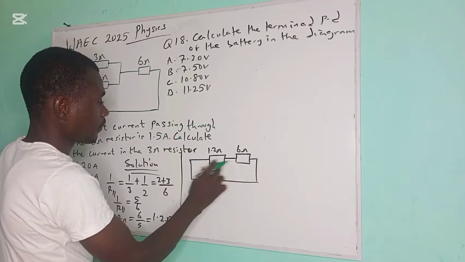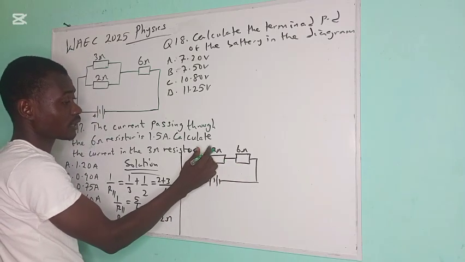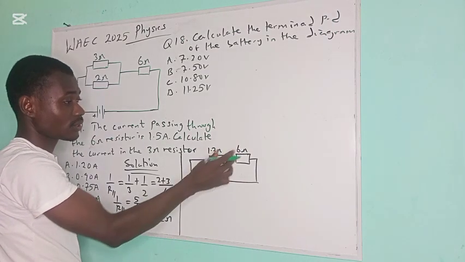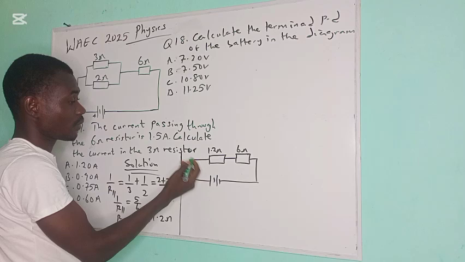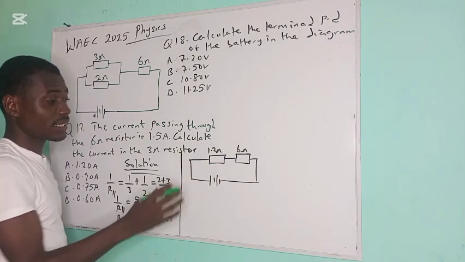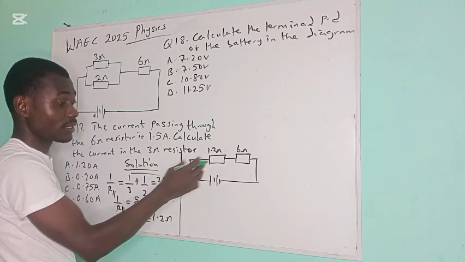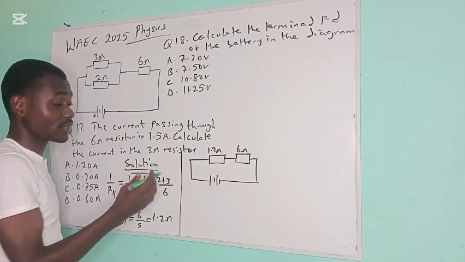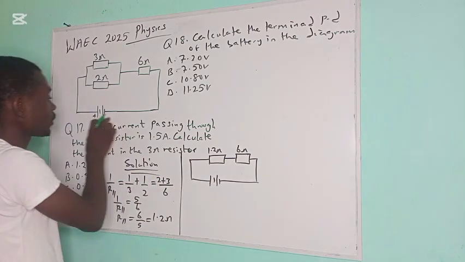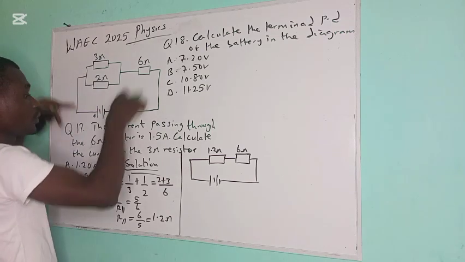So now we have reduced it. The 1.2 ohms is now in series with the 6 ohms, and in a series connection the same current flows through the resistors. But before that, let's first find the voltage supplied to the whole circuit.